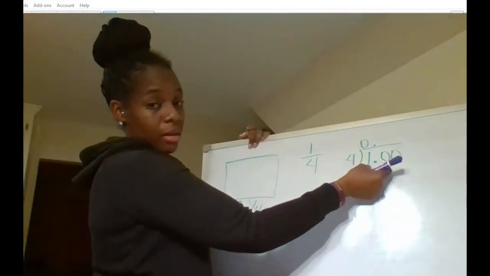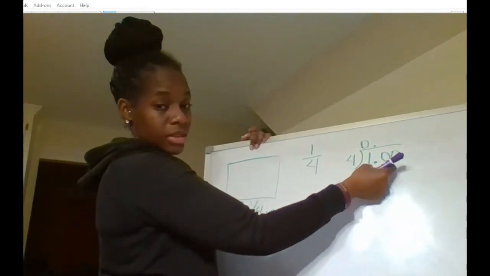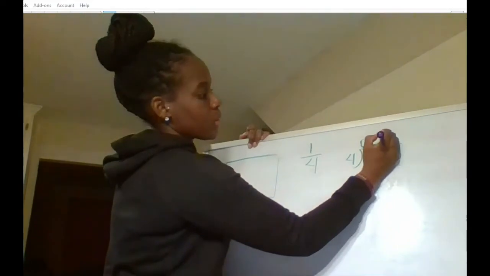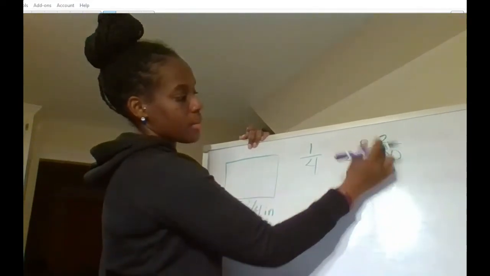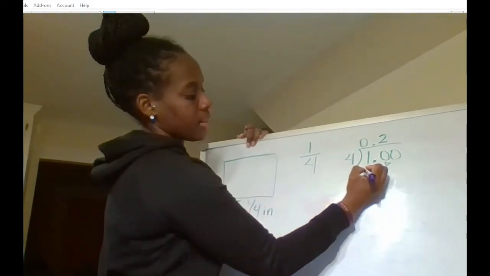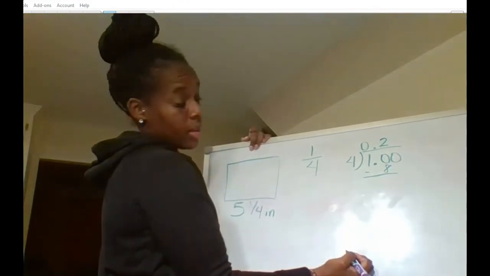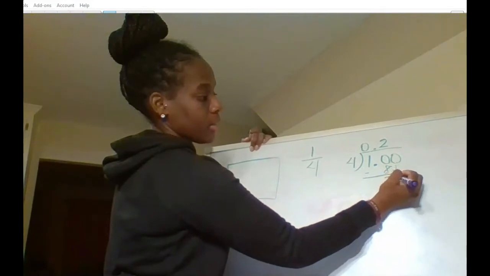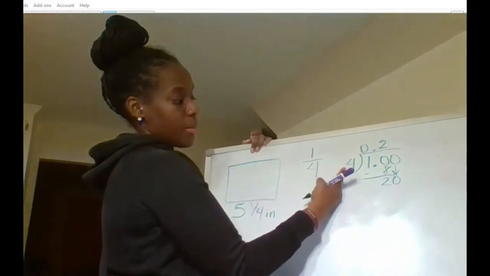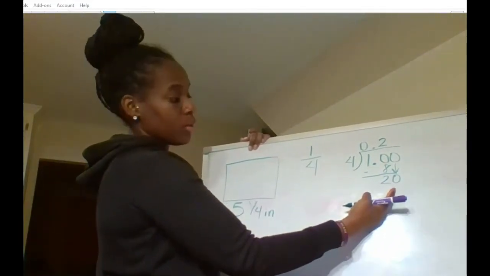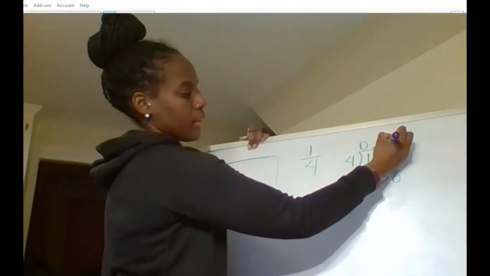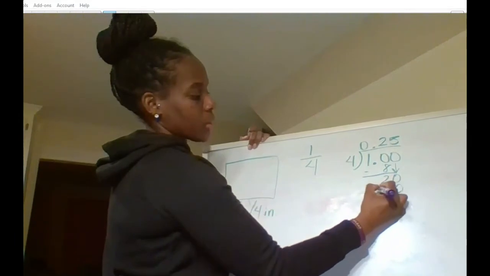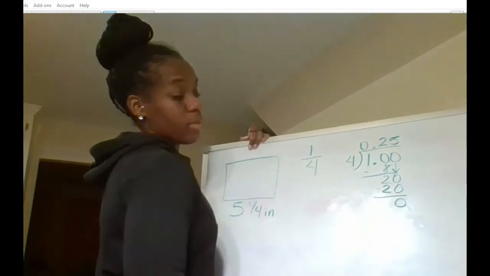So now we expand the number. How many times can 4 go into 10 instead of 1? 4 can go into 10 2 times. 4 times 2 gives us 8. All right, 10 minus 8 gives us 2. Bring down the 0. Then your question is, how many times can 4 go into 20? 4 can go into 20 5 times. 4 times 5 is 20, which gives us 0 as a remainder.